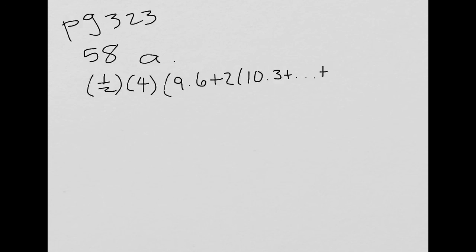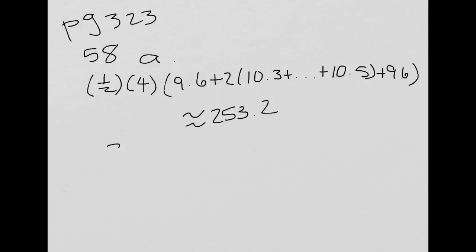And you should never do this little thing on your actual test. I'm just doing it now because we've been doing a lot of these. So if I type that in, I get 253.2. But it says explain the meaning in terms of water flow using correct units.